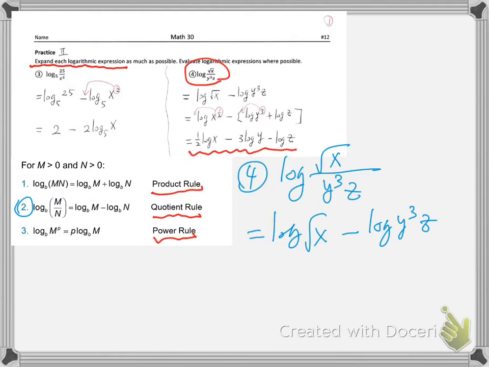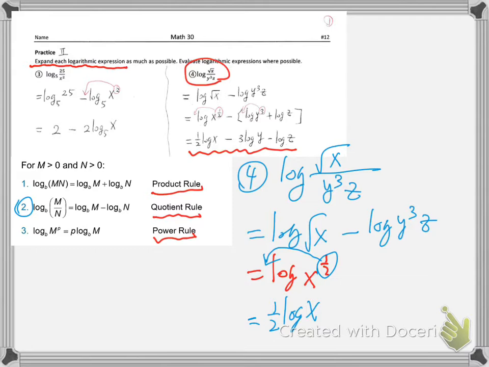Okay, so for radical x, we change it to a rational power, half power. Now inside log we have a power, so we use the power rule. We move 1/2 to the front. So we got 1/2 log x. So this is for the first part.